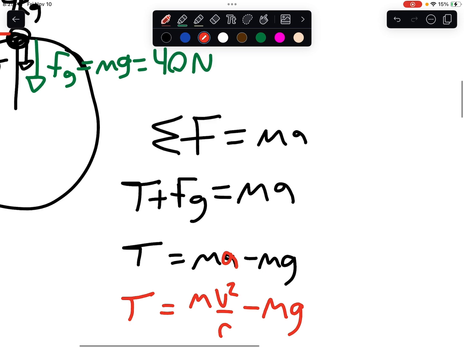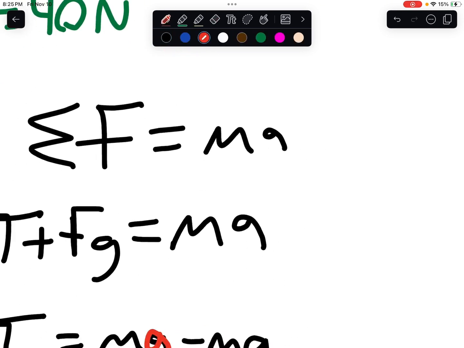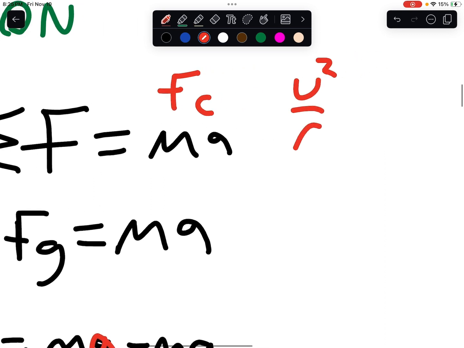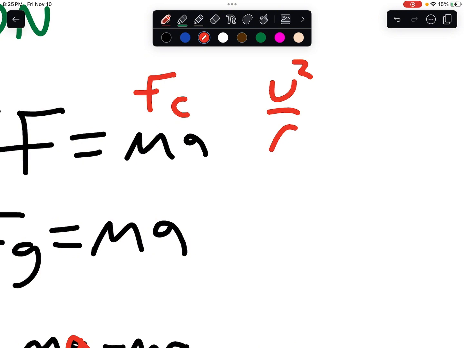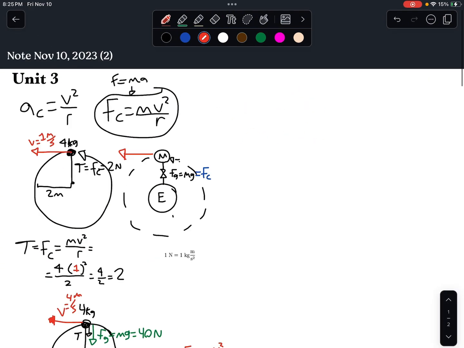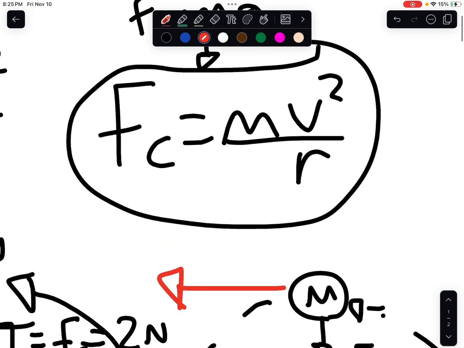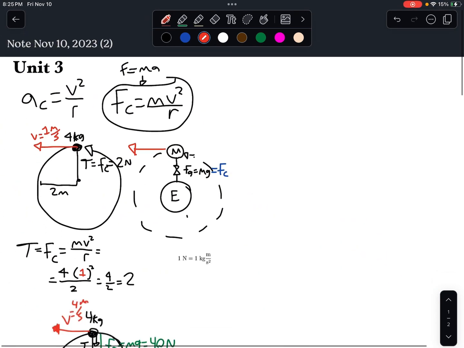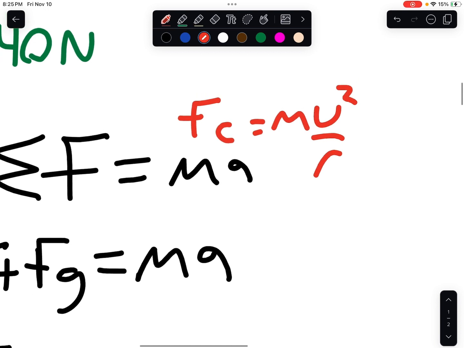What you also find is that ma equals Fc, because ma, acceleration, is v squared over radius. So m times v squared over radius, we know from all the way up here, is the centripetal force, not the centrifugal force.